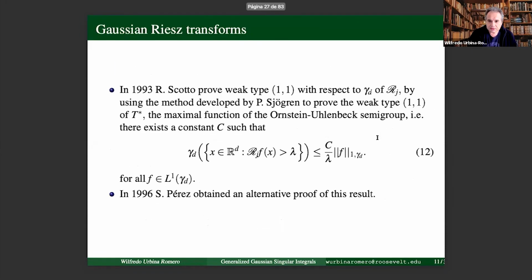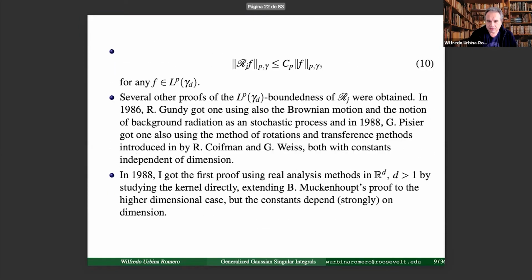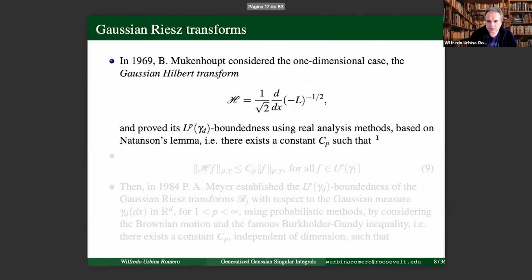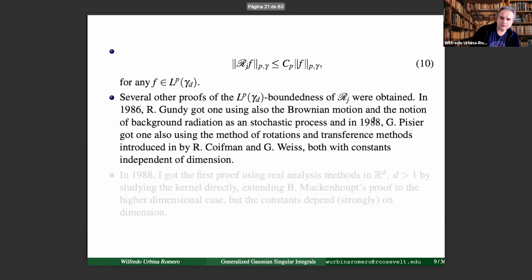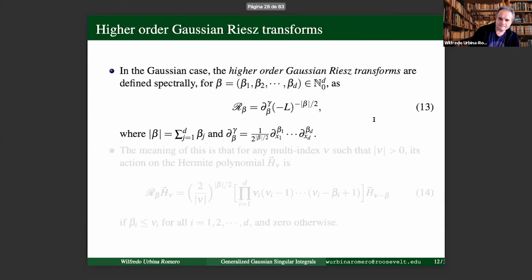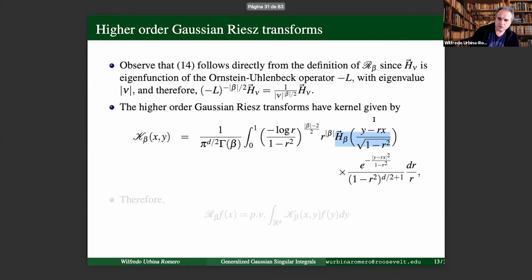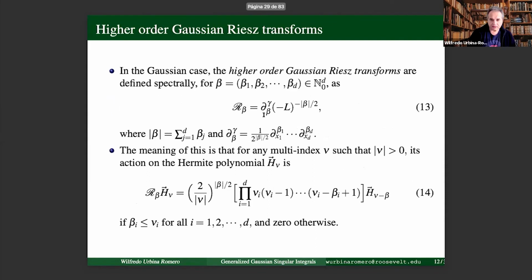So that was something that we realized early in our work, that this term here was nothing but the Hermite polynomial evaluated in this variable, right? Here this is what we have, the Hermite polynomial of order beta, where beta is precisely the order in which you are taking the derivative, right?